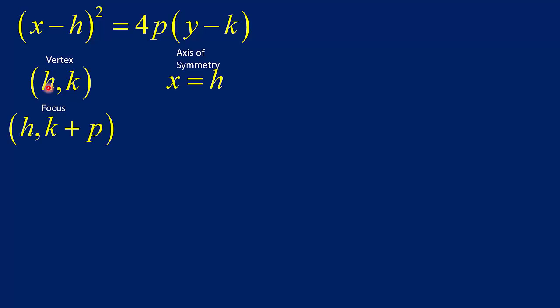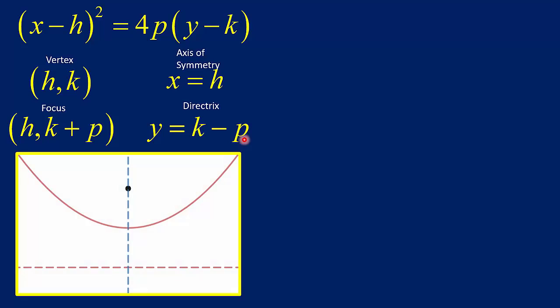Now, as far as the focus goes, from the vertex, we're going to go up p units, right? Vertical. In other words, I'm going to add to the k. To get to the directrix, we go down from the k: k minus p. And there's how we get the parts, and the graph might look something like this.